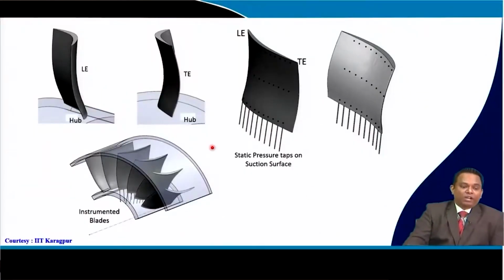Now here, if you look at the blades we were discussing, the tandem bladed axial flow compressor, we have our blade, which is a three-dimensional blade.